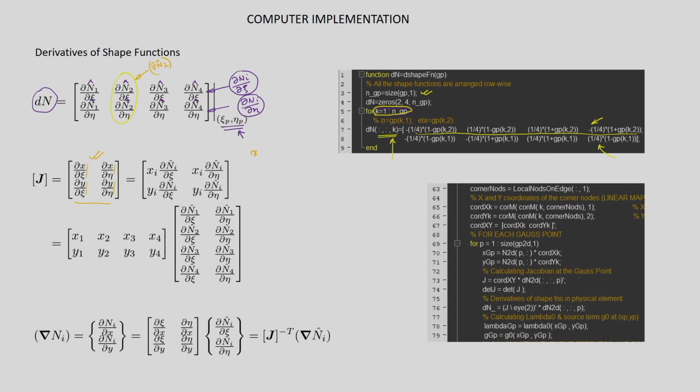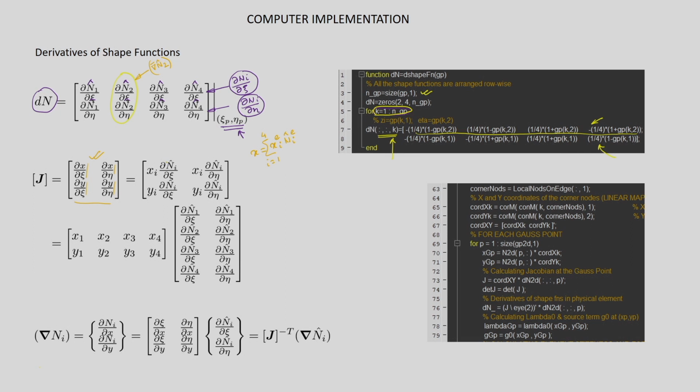Now, we know that while mapping we said that x is basically xi ni. So, for a given element E, I have to write xi E ni hat E, and in this case I goes from 1 to 4, we have 4 nodes.